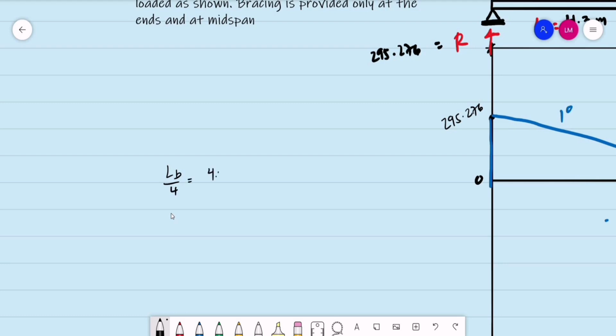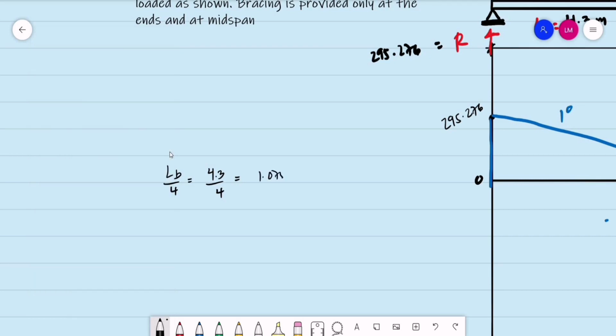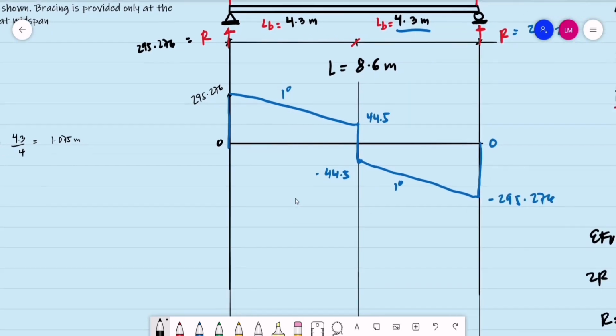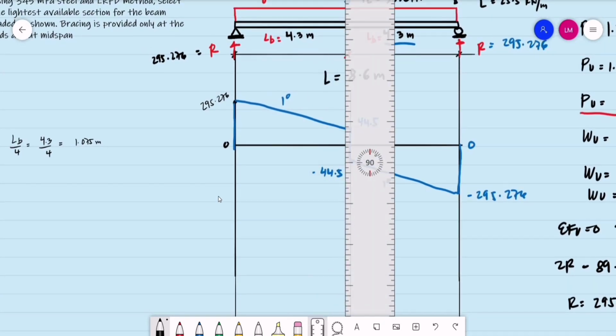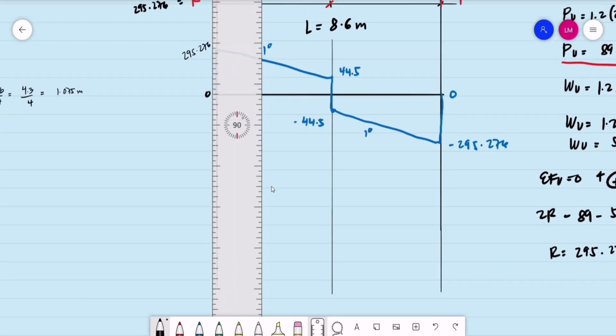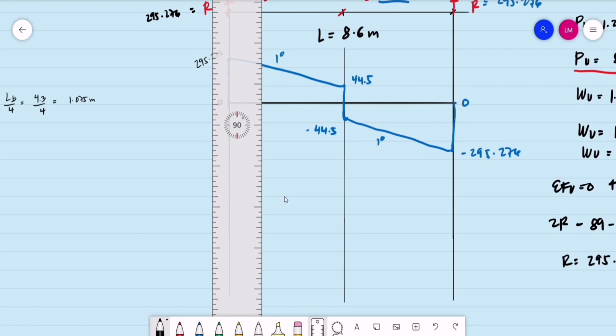So we have 4.3 divided by 4, which is 1.075 meters. So we divide our unbraced length at every 1.075 meters. Then we need to determine the value of the moments at each point.